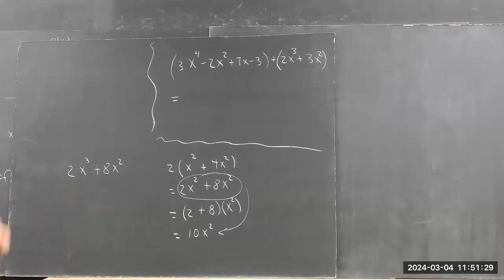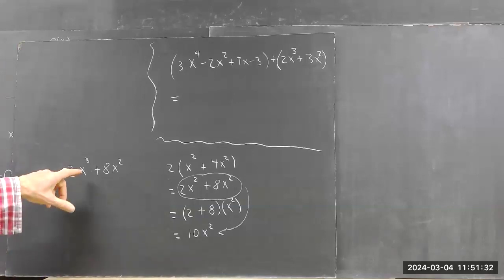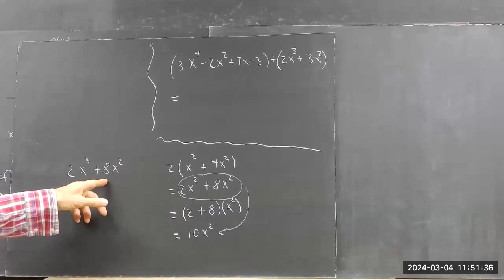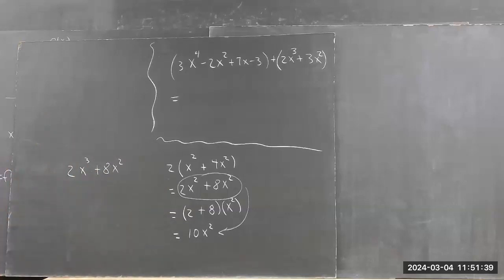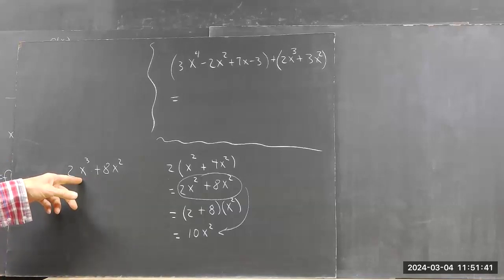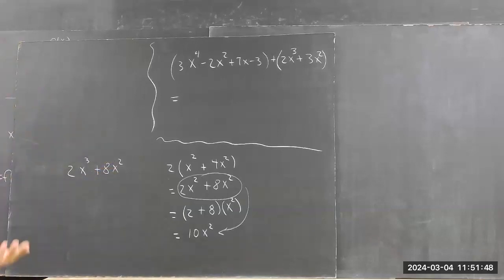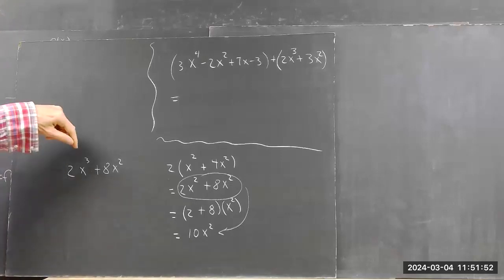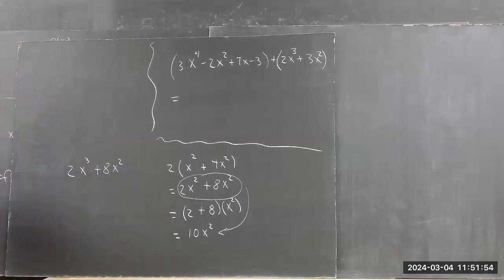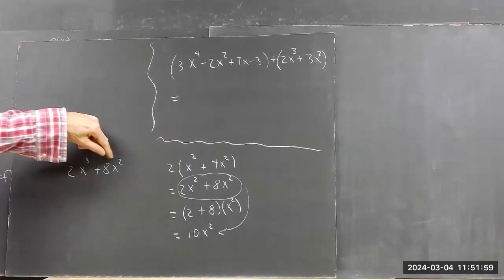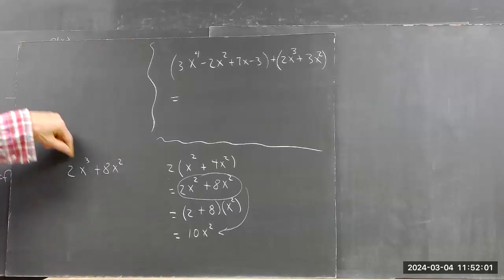So if x is 1, then x cubed and x squared are both 1, and this is just 2 plus 8, which is 10. If x is 2, then x cubed is 8, and x squared is 4. So without going into too much detail, you can't combine powers of x unless they're the same power.